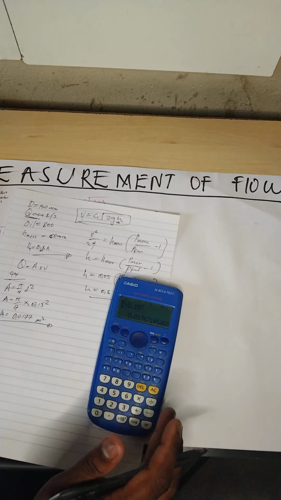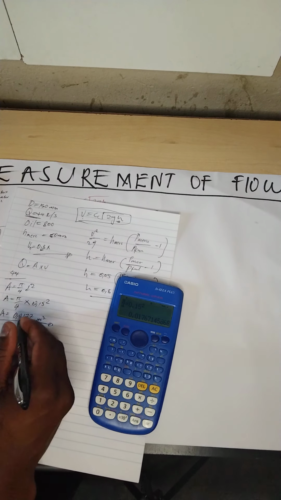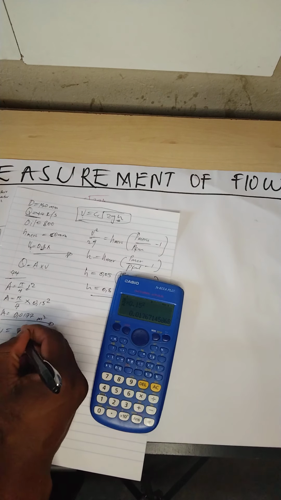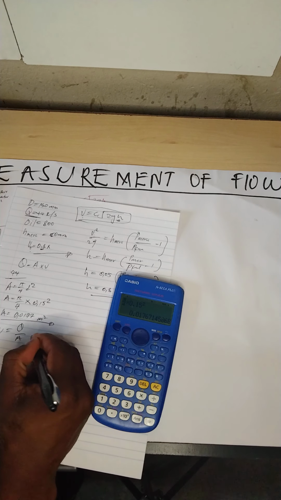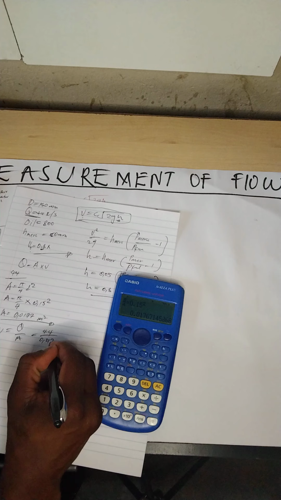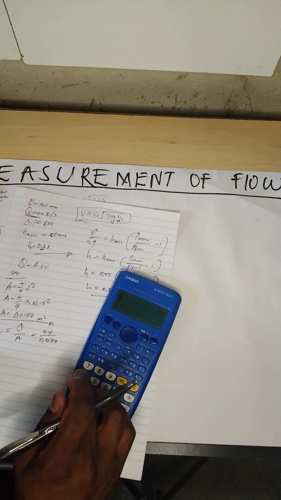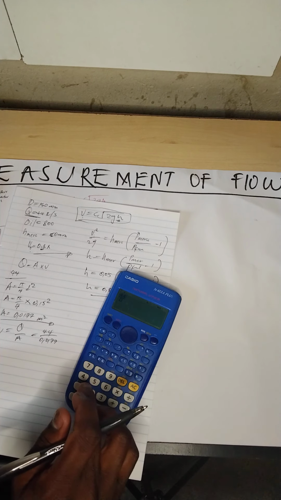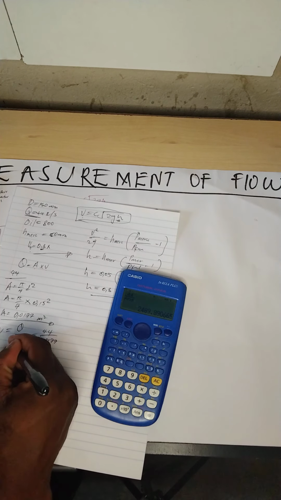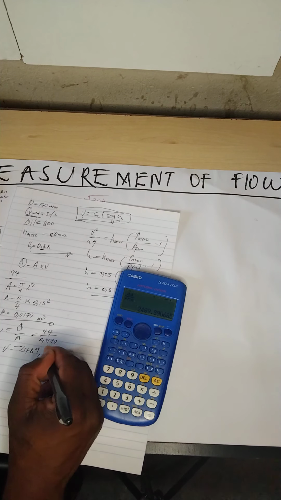And remember, our Q, we just use it as liters per second, it's fine. Then we're going to divide this with our Q. Velocity equals Q over area, then it equals 44 divided by 0.0177. We're going to have a very big velocity here. It means our velocity is 2489.89.